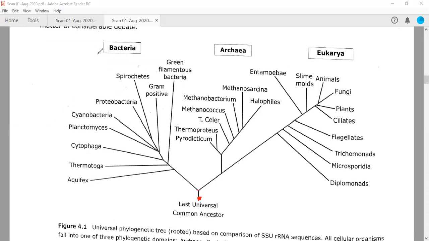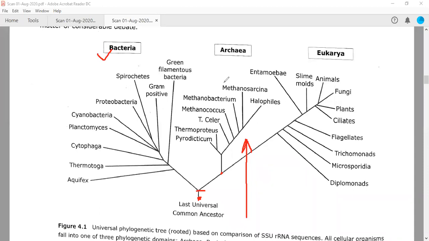One is bacteria. Bacteria diverged early, and this axis is the time in millions of years. If you see, the bacteria or eubacteria diverged from this particular branch. Then there is another branch point here. This major branch then differentiated the eukaryotes and archaea.